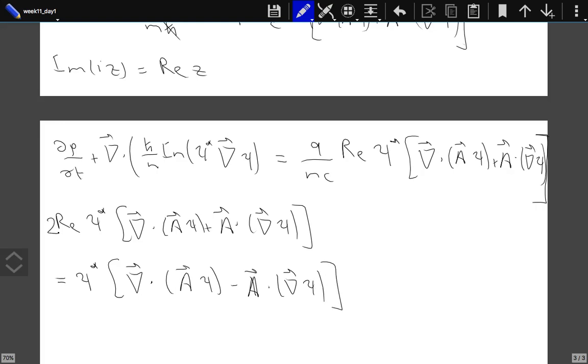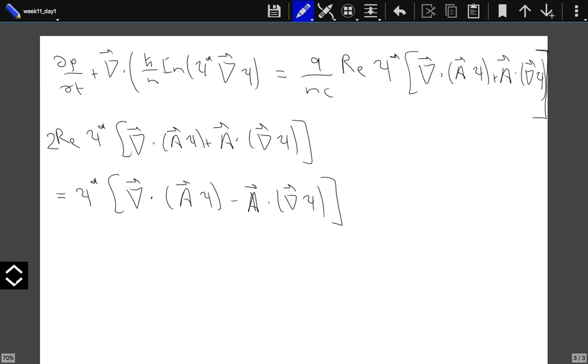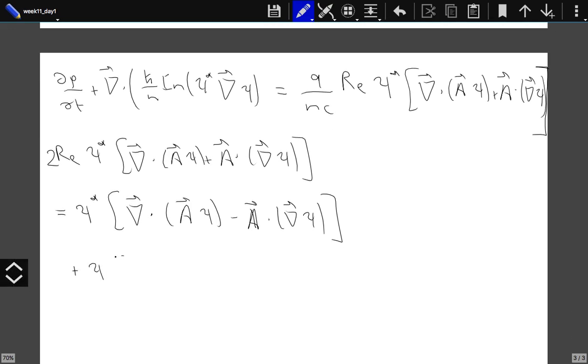Well, let me just write twice the real part. And twice the real part of a number is the number itself plus its complex conjugate. So let me add that term, plus psi divergence of A psi star plus A dot the gradient of psi star. Here I'm also using the fact that the vector potential is real.